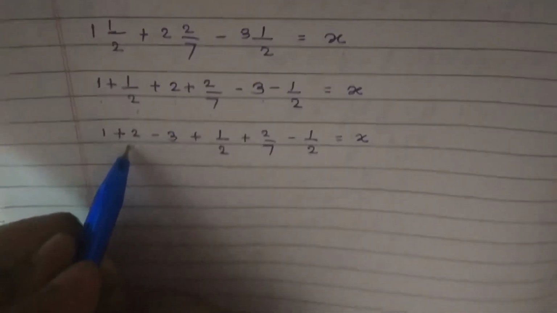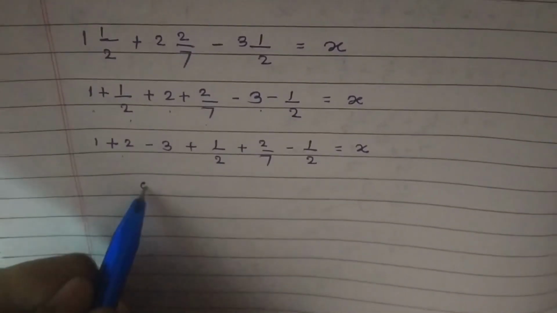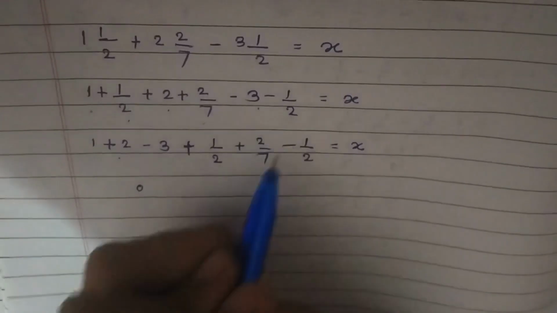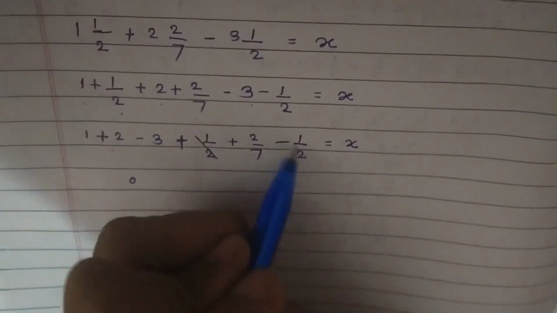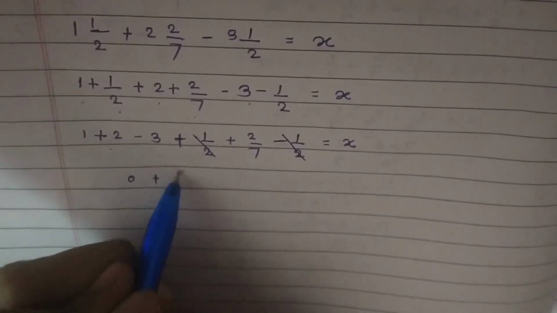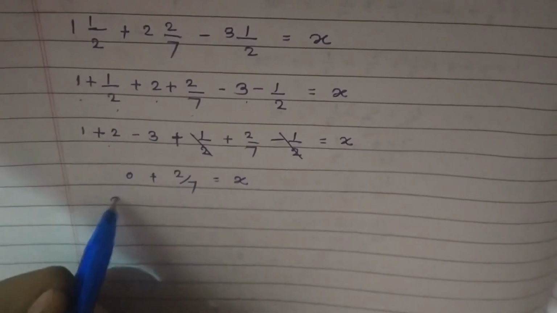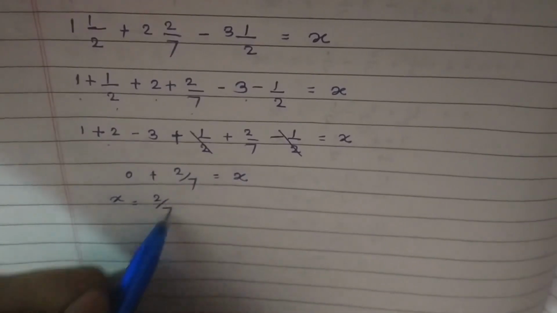Here 1 plus 2 equal to 3, minus 3 becomes 0, and here there is plus 1 by 2 and here is minus 1 by 2, so this will get cancelled. Hence there remains only 2 by 7, which is equal to x. Hence we get the value of x equal to 2 by 7. Hence your option B is correct.